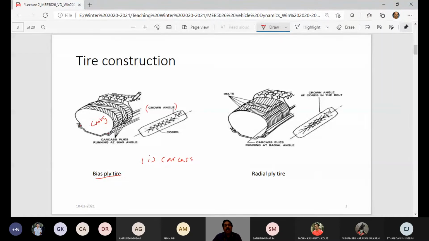This is very important. The material of this tread should be good in abrasion and tearing resistance, so the material should withstand tearing or wear of the tread element, and if there are any cracks, they should not propagate.